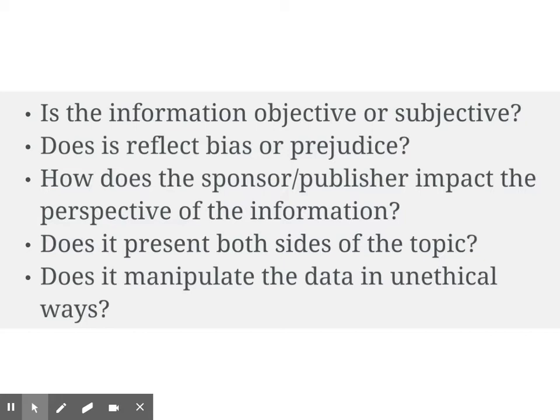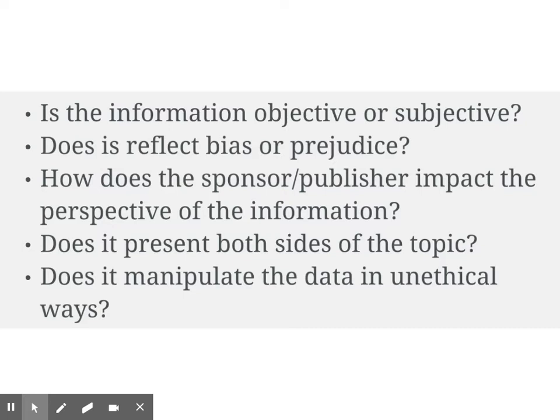Think of it this way: if you are wanting to buy a new cell phone and you're looking at a website that has customer reviews, and there is an ad, which is probably a sponsor, on that website for the Google Pixel, do you think those customer reviews are going to be very unbiased?